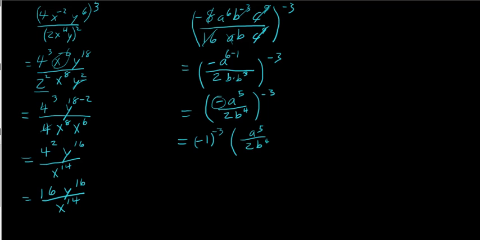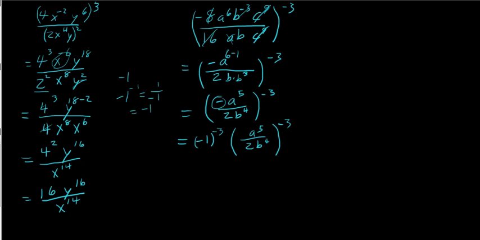Okay, so we're just using that distributive property of the exponents. And this is nifty because whether we have -1 or -1 to the negative first power, which is 1 over -1, that's still just a -1.